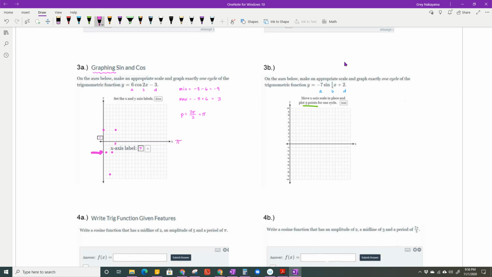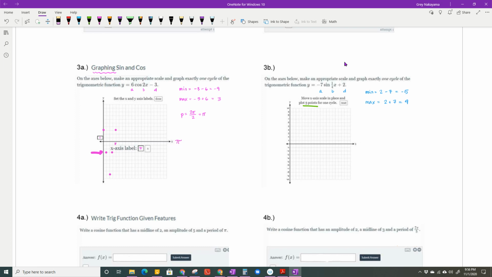So when I go find my max and my min, that's D minus A, so that's going to be 2 minus 7, which is -5. My max is going to be 2 plus 7, which is going to be 9. Those numbers are between 10 and -10, so that's why my graph is labeled as such.